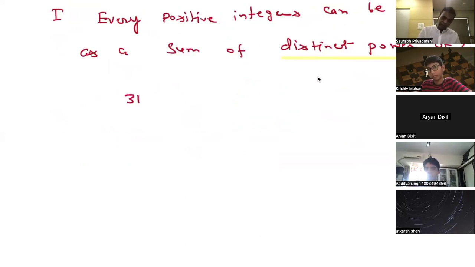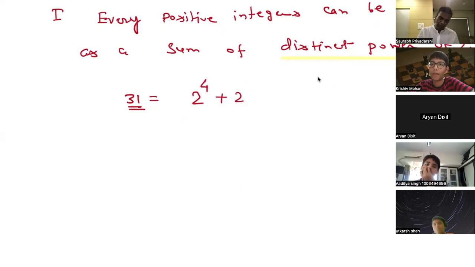Like if I'm saying the number 31, then 31 is 2 to the power 4, that is 16, plus 2 to the power 3, which is 8, plus 2 square, the number 4, plus 2 to the power 1 plus 2 to the power 0.